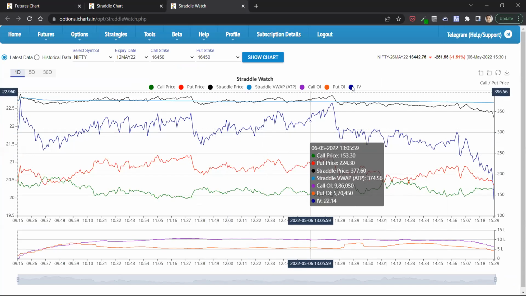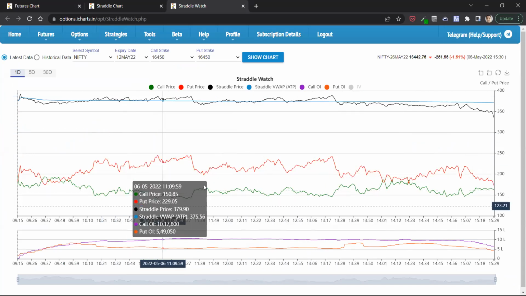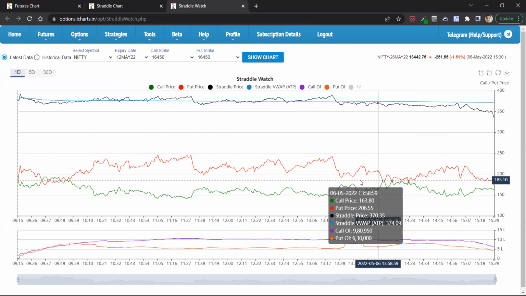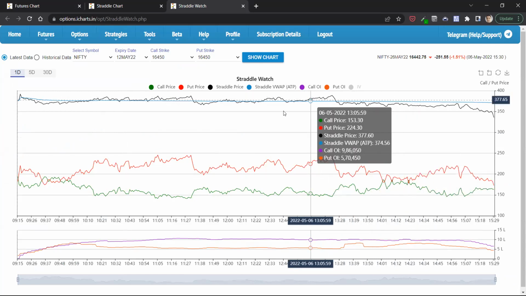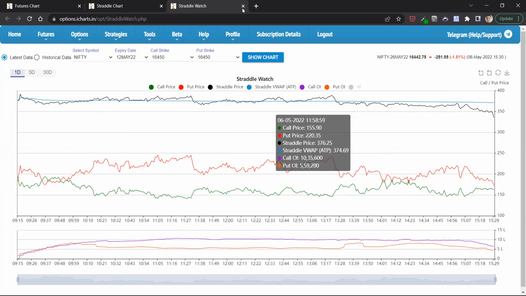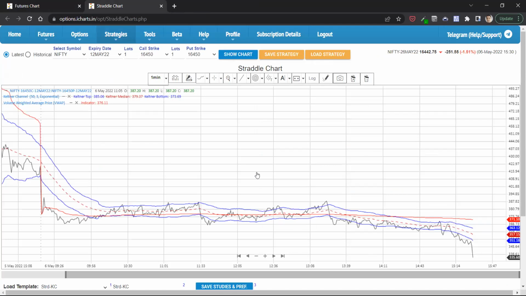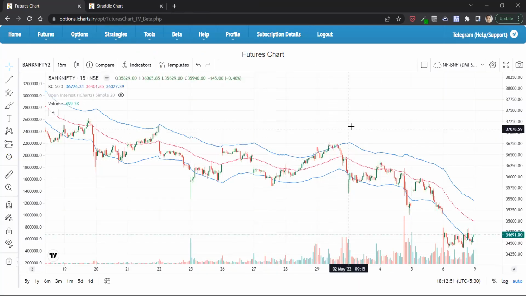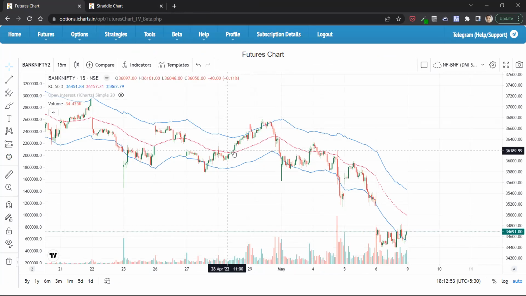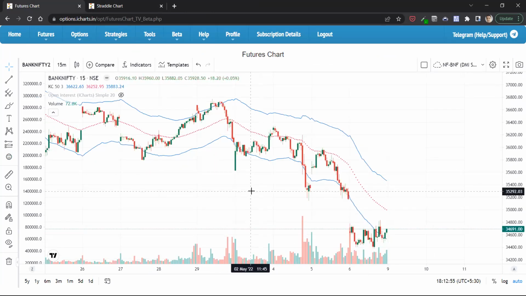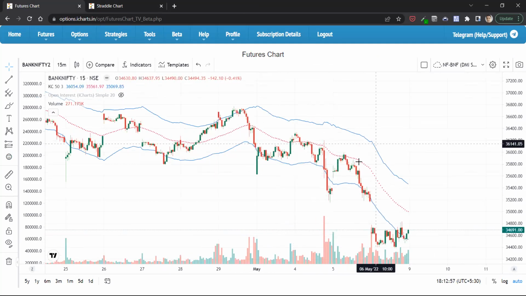See, these are call and put lines, and this is the straddle line. It is possible here, but it may not be possible in the TradingView chart. This chart is going to go away now, so it will be TradingView charts. And in this, we just pass the straddle data, so there is no way to display call and put separately.